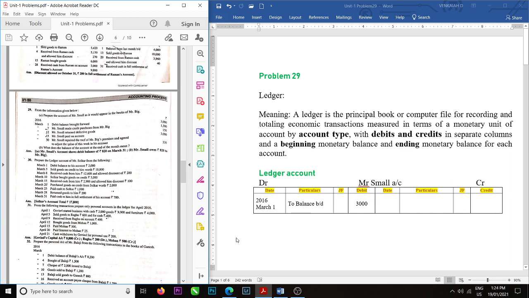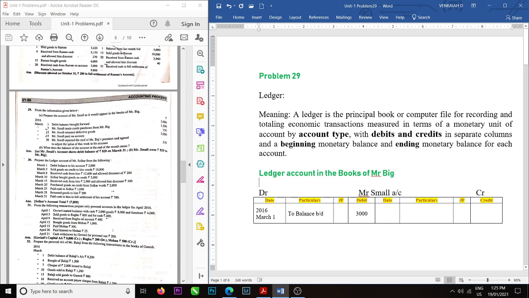Now problem number 29. He is asking us to prepare Mr. Small's account, as it would appear in the books of Mr. Big. Ledger account in the books of Mr. Big.